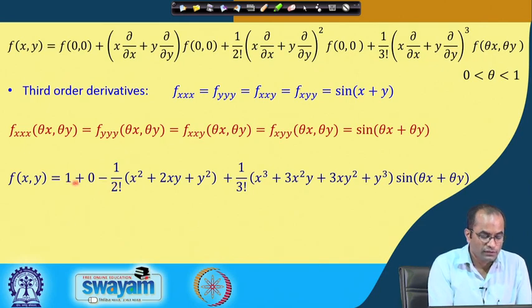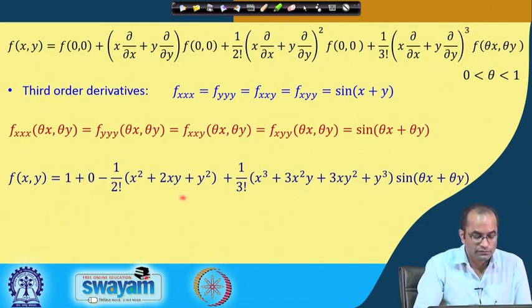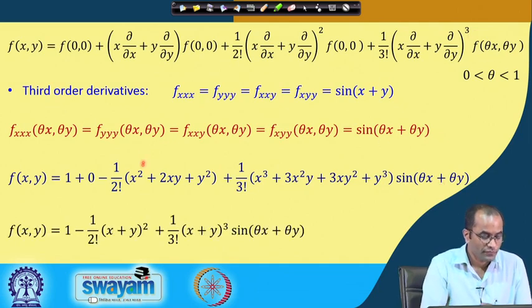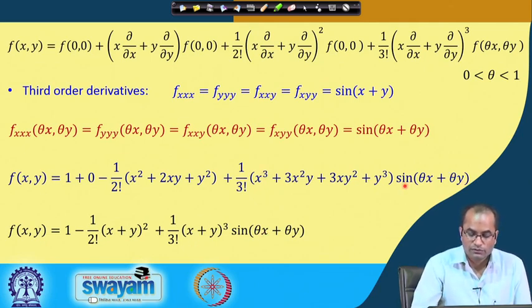We will get 1, the first order derivative terms were 0, again 1 was the value, and then the third order derivative terms. After simplification, we will get 1 minus (x + y) whole square, this is (x + y) whole cube, and then sin(θx + θy), because it was common in all.